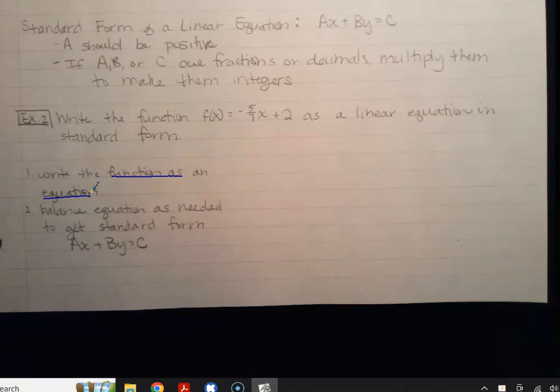That just means we're going to change the f of x to be y. So y equals -5/7 x plus 2. I know last chapter we just spent learning function notation and things. Now we're going back to equations. It's totally fine.